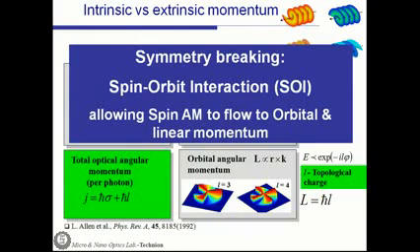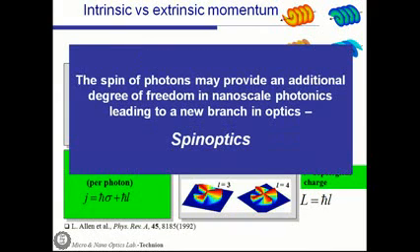So in optics, it is possible to observe a symmetry breaking and to obtain spin-orbit interaction to allow spin angular momentum to flow to orbital and or linear momentum. The spin of photons may provide an additional degree of freedom in nanoscale photonics, leading to a new branch in optics, which we call spinoptics.